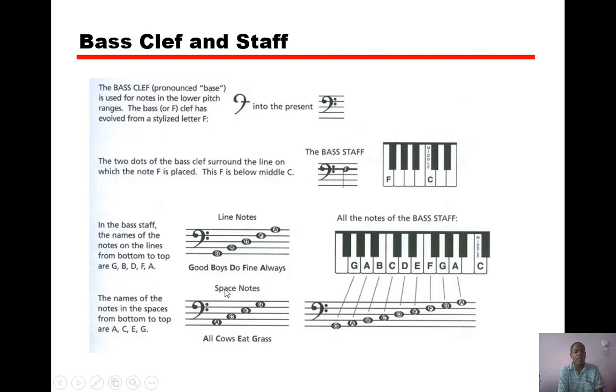Then we have the spaces on the bass staff. The first space is A, the second is C, the third is E, and the last is G. So we have A, C, E, G. And here we can use the phrase "all cows eat grass" to remember these names.